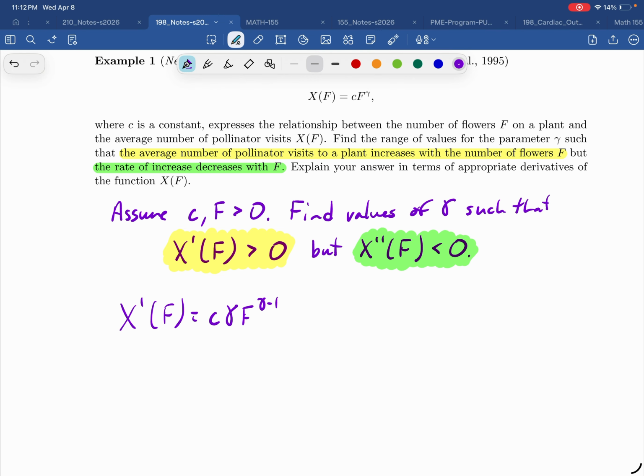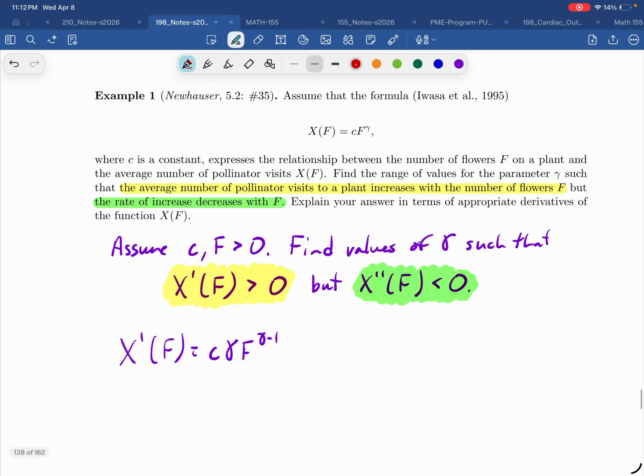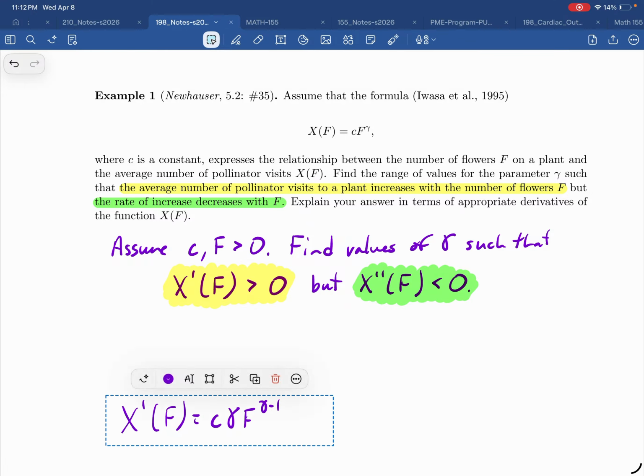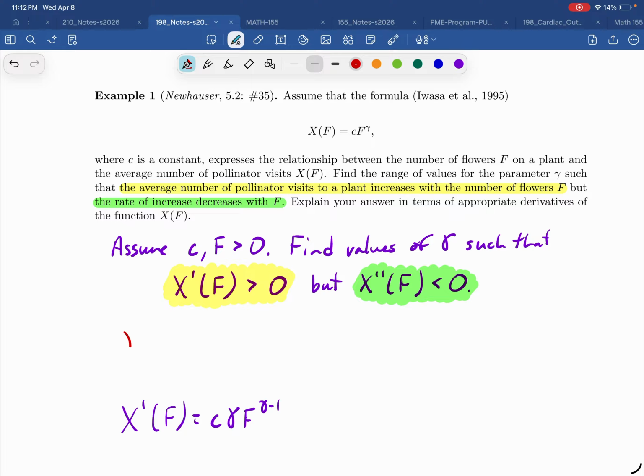Now, I guess I'm assuming that gamma does not equal 0. Let's go ahead and see why. In fact, let me move this down a little bit. Let me write in red over here: gamma does not equal 0. For if it did, let's just see. If gamma equaled 0, then we would have X of F equals C F to the 0, which equals C, a constant.